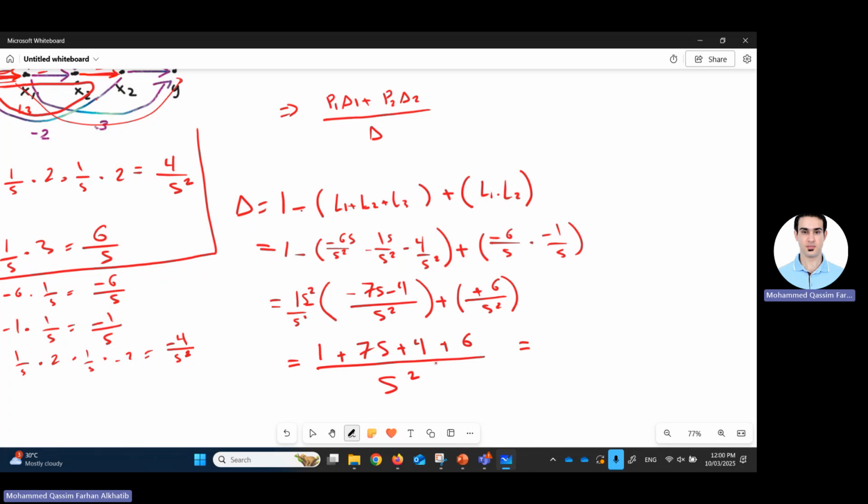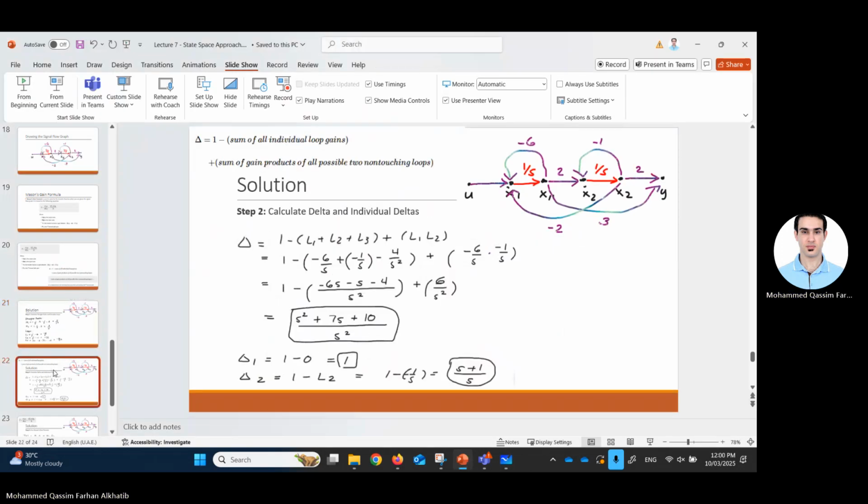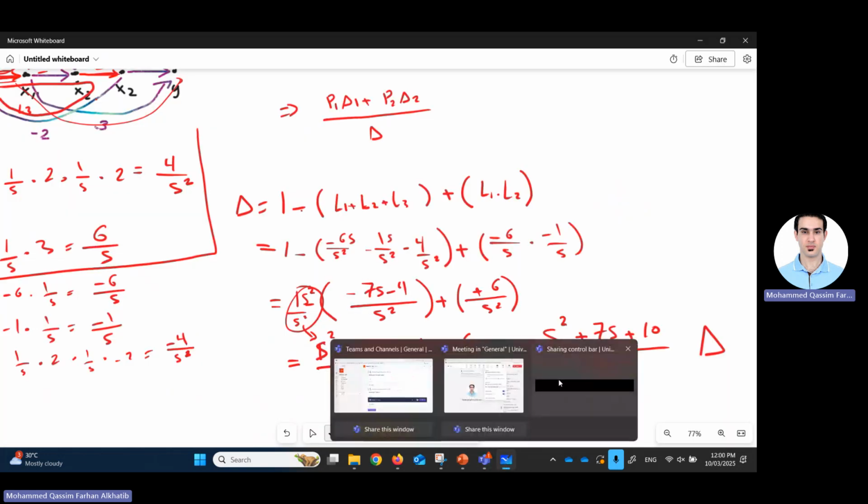So it will become s squared plus 7s plus 10 over s squared. So that's delta. Let's double check the answer should be there. s squared plus 7s plus 10 over s squared. All right. So we have the delta.